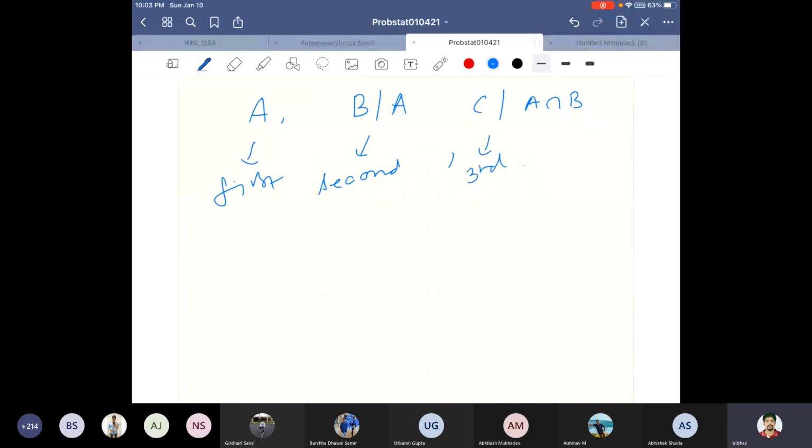So I can actually generalize the multiplication rule. I'll write it as a theorem, because it can also be derived using just a little bit of algebra of sets.